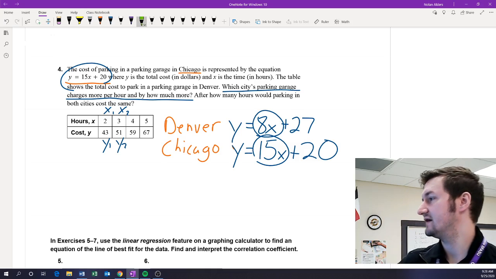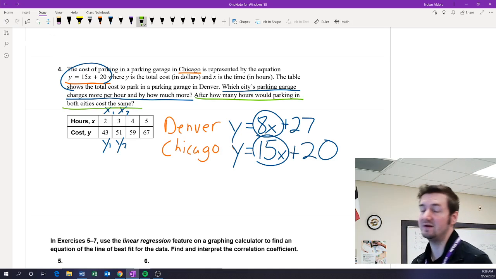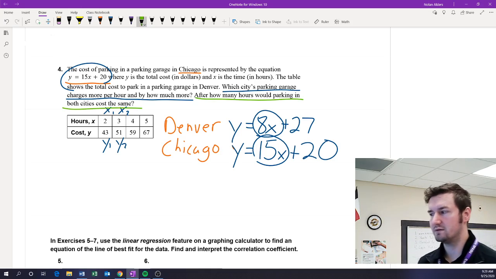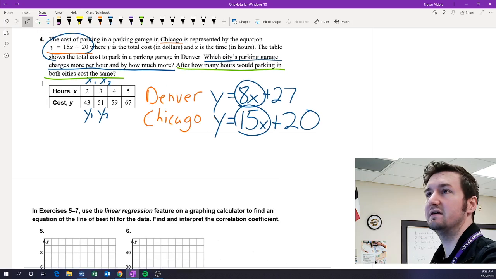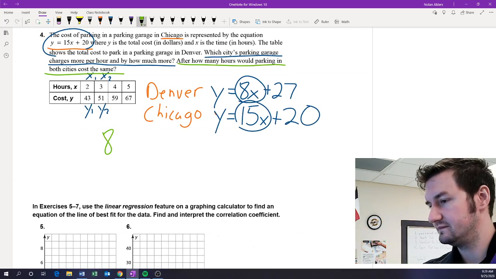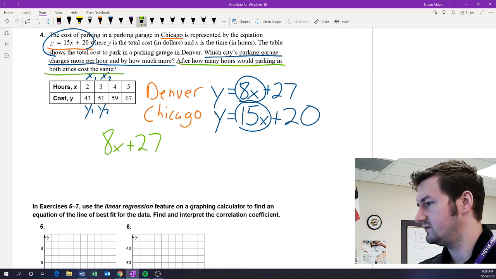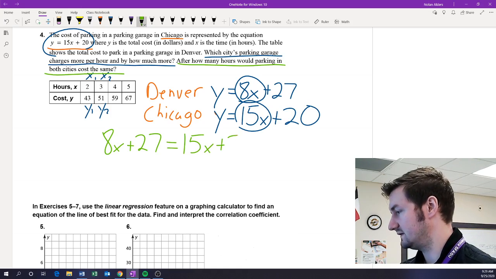Now the next question here asks us, after how many hours would both cities cost the same? Well, if they're going to cost the same, then we would want to set the equations equal to each other. So to do that, we're just going to take Denver's equation, which is 8x plus 27, and we're going to set it equal to Chicago, which is 15x plus 20.